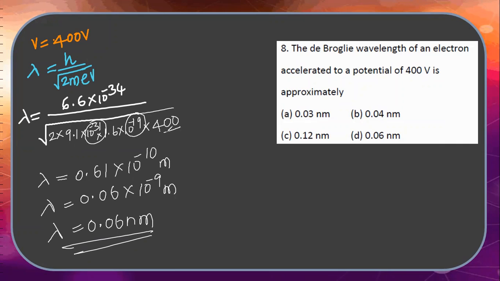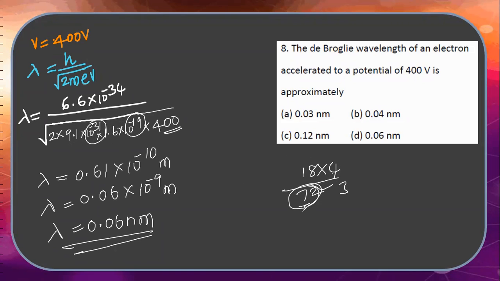This is 10 power plus 2. So 2 into 9, 18. 18 into 4, 72.